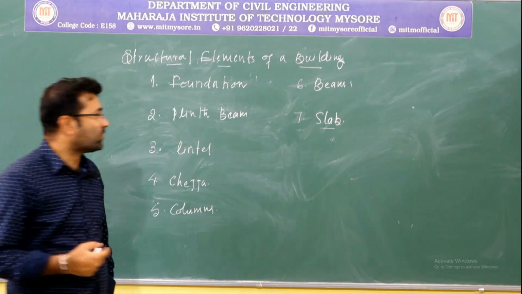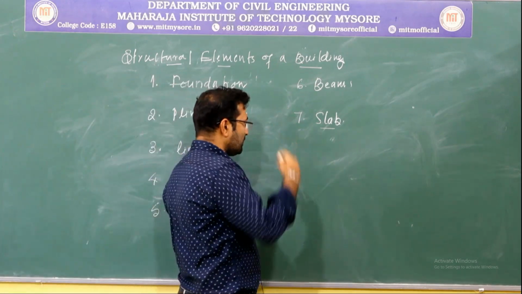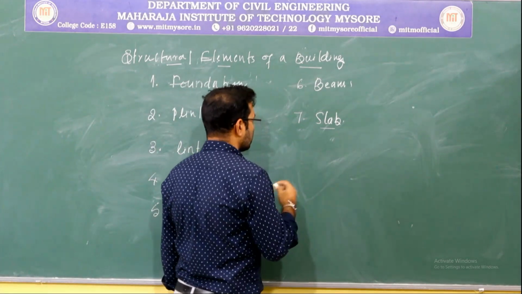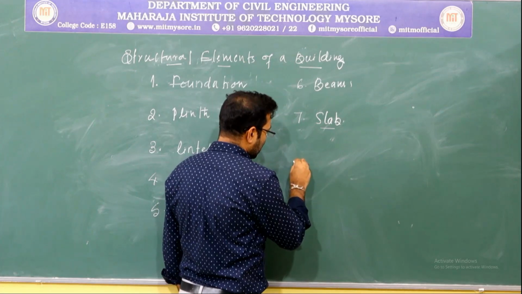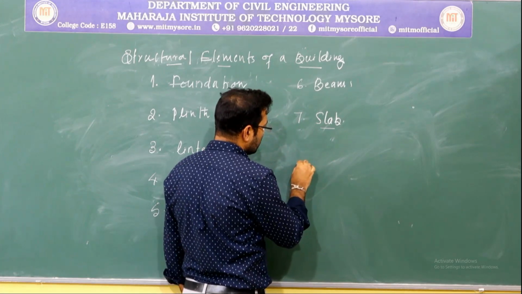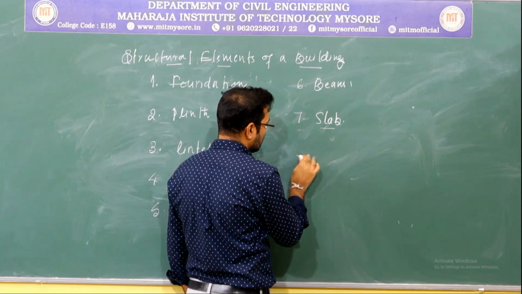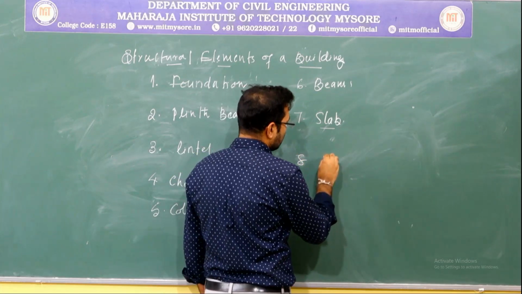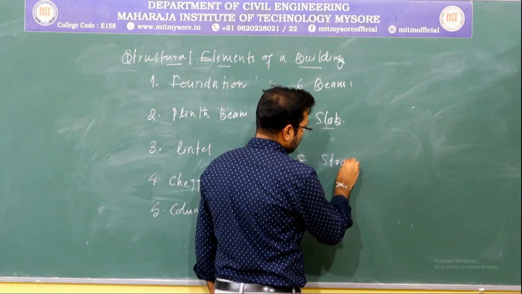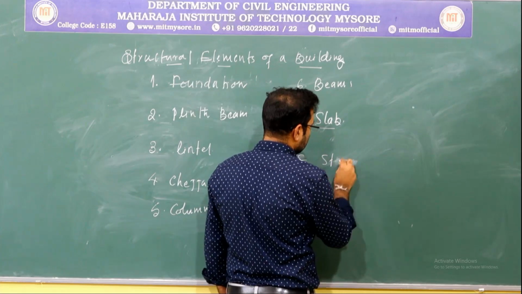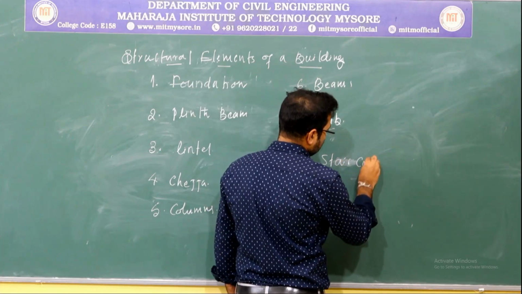So whenever we go for the construction of the slab, or whenever we have multi-story structures, to climb the different floors in any building, we need a structure which is basically called the staircase.